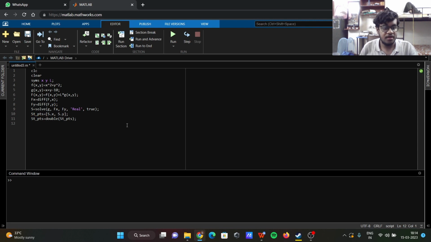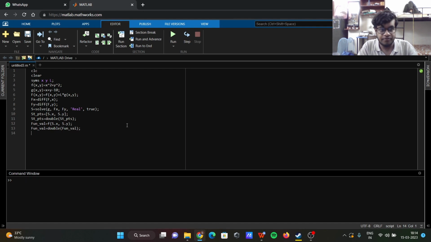Now, let us find the function value at these points, because we are, after all, trying to optimize small f of x comma y. So function value equals f of s.x comma s.y, and function value will also be in double precision.